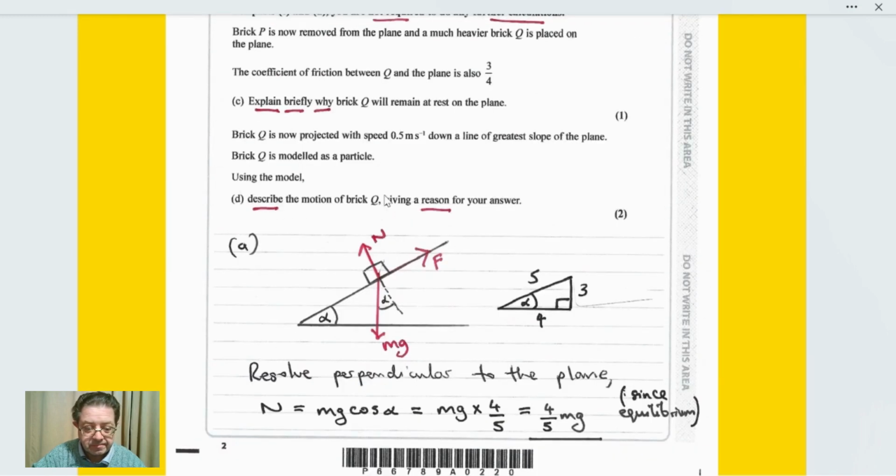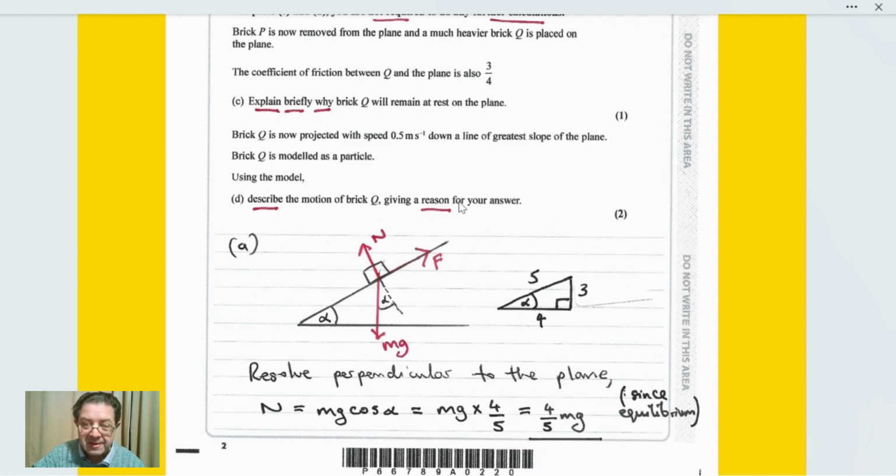Part D. Brick Q is now projected with speed 0.5 meters per second down a line of greatest slope of the plane. It's a particle. Describe the motion of Q, giving a reason for your answer. Now, previously, Q was on the point of sliding. It wasn't quite sliding, and it was in equilibrium.